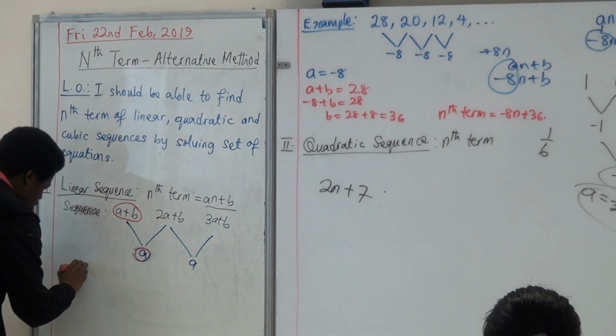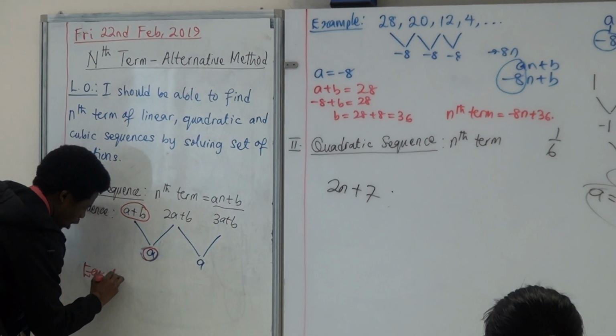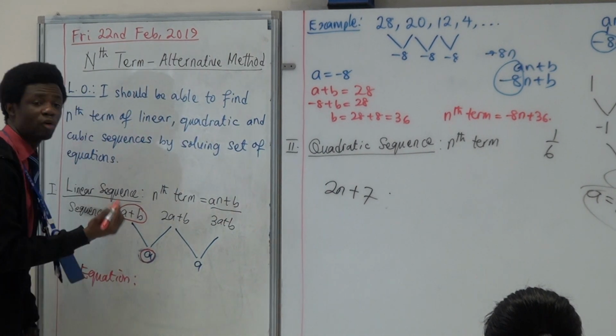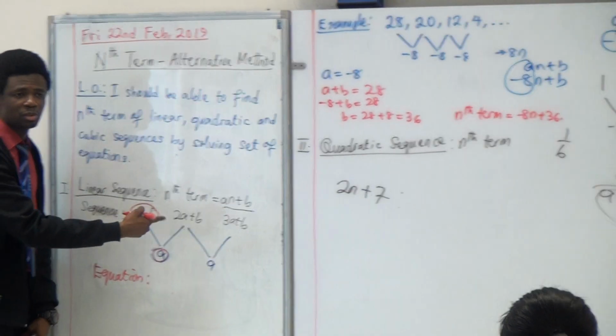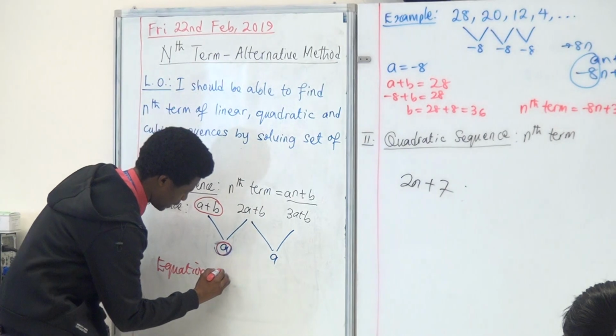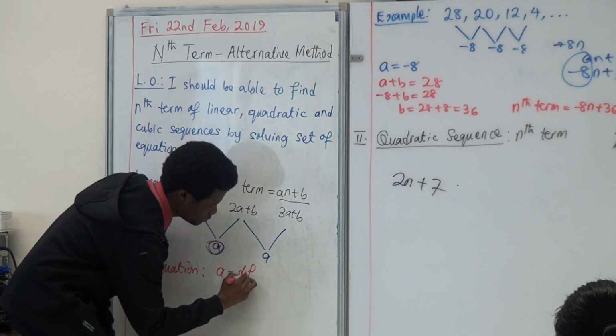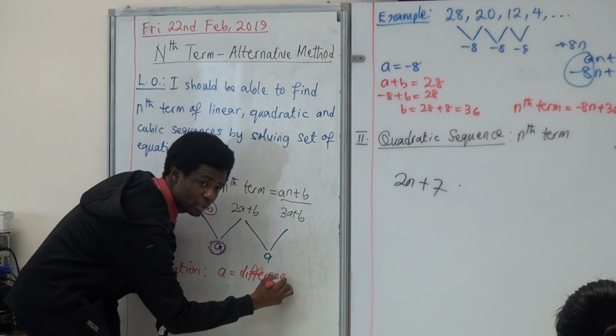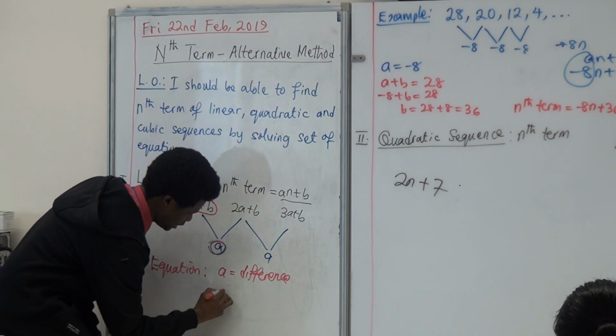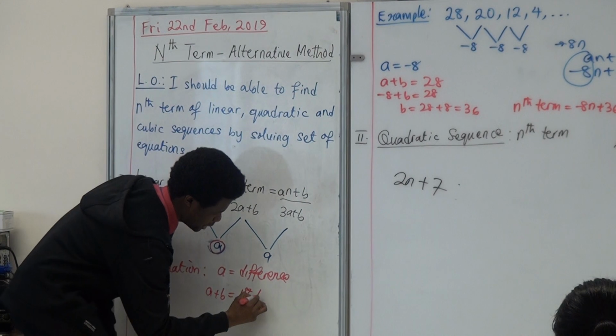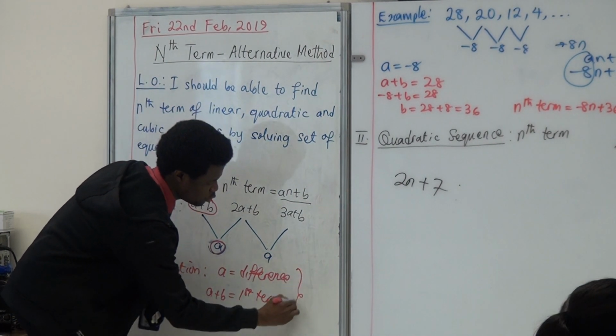So here you need these two equations, which I'm calling the formulas, because they are the relationship between these terms. A is the difference. A plus B is the first term. This is what you remember.